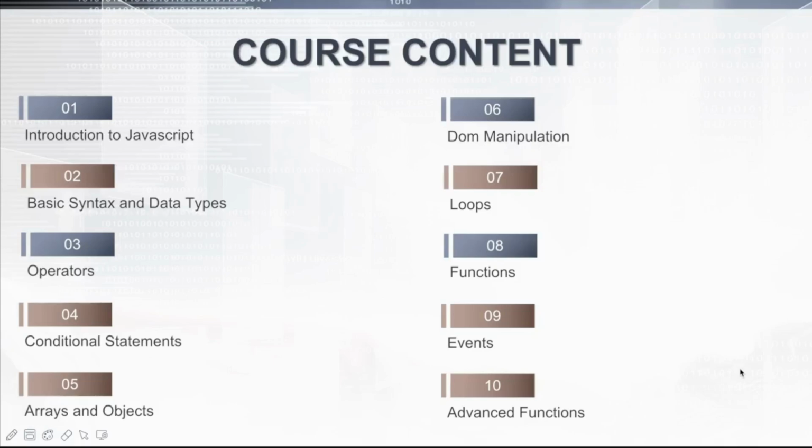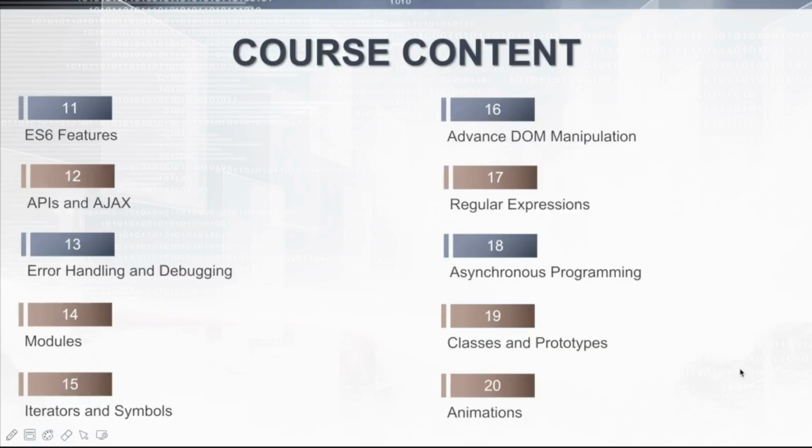We're going to look at operators, conditional statements, arrays and objects, DOM manipulation, loops, functions, events, advanced functions. We're going to look at ES6 features, which are basically modern features of JavaScript. We're going to look at APIs and AJAX. We're going to look at error handling and debugging, modules, iterators and symbols. We're going to look at advanced DOM manipulation, regular expressions, asynchronous programming, classes and prototypes, animations.